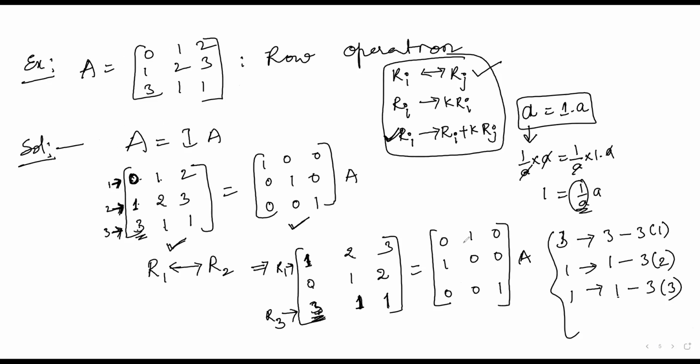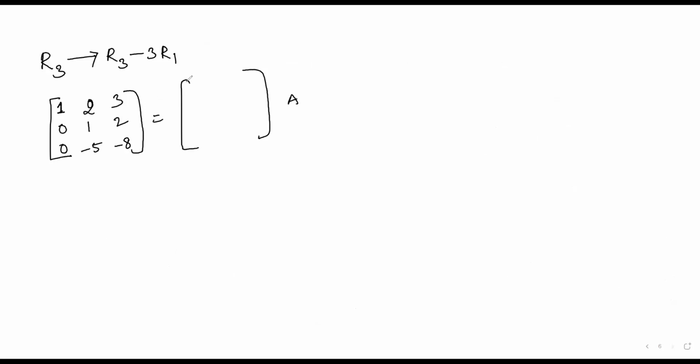So row 1, 0, 1, 0, 1, 0, 0 is not changed. But this is going to change. R3 is going to change because we have played R3. So I will write 0, 1, 0, 0, 1, 0, 0. But R3 is changed. How is it changed? 0, 0, 1. 0 becomes 0 minus 3 times 0.